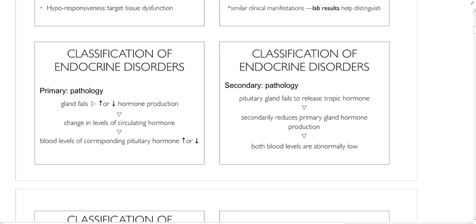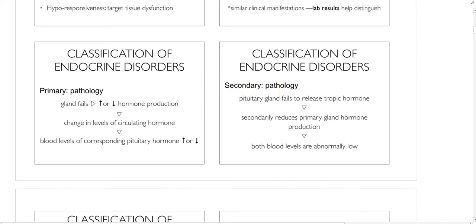With primary endocrine disorders, the gland itself will fail, leading to either an increase or a decrease in hormone production, changes in the levels of circulating hormone, and the blood levels of the corresponding pituitary hormone will be oppositely increased or decreased. I think so. We'll get to that.